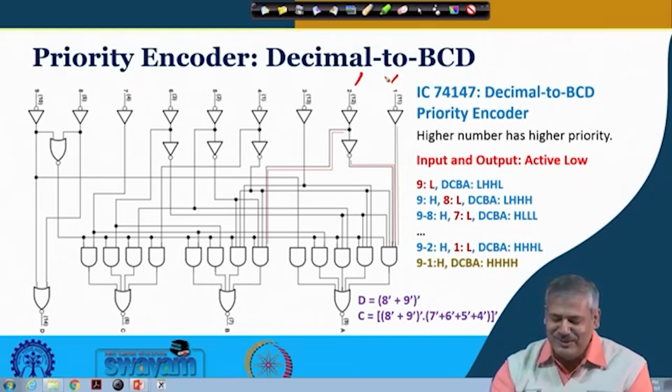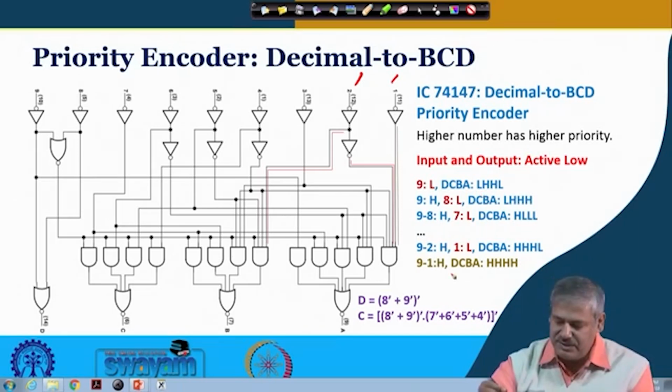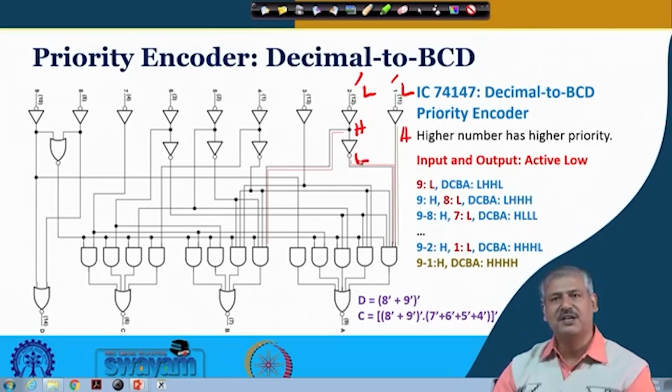So, when 1 and 2 are pressed simultaneously, we shall see that this 2 over here, right. If all these things are active low, so if this is low and this is low, this is high and this is high and this is low. Is it okay?